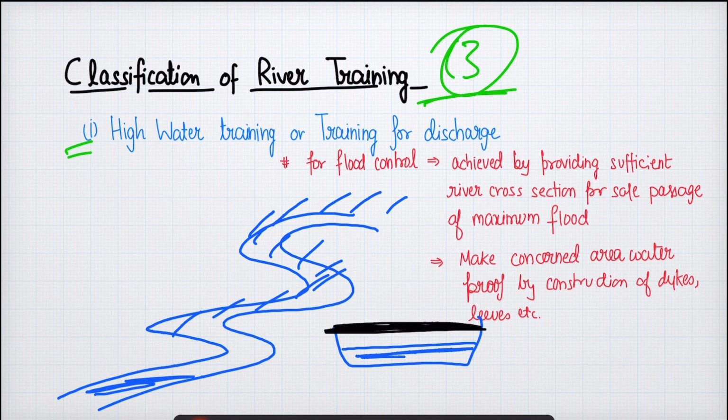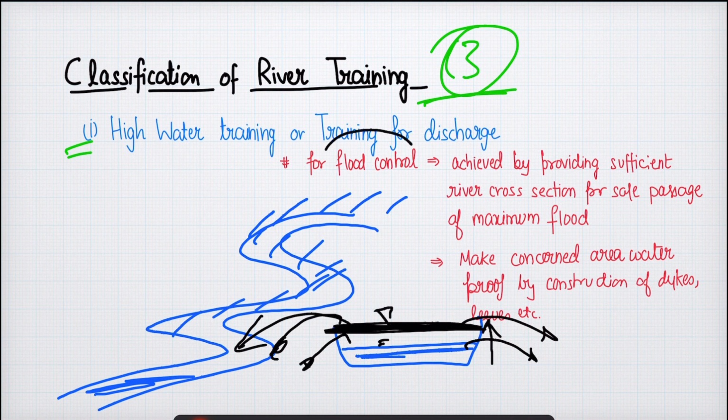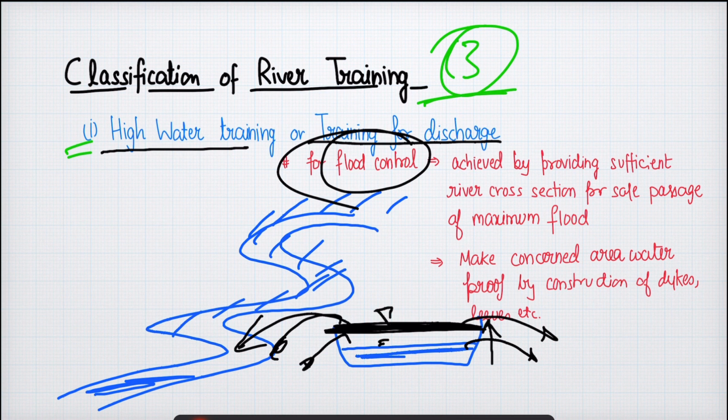Now, what we want is that, no matter how much the water increases, whatever the maximum flood level that can be achieved, we have the provision to discharge this excess quantity of water from that river, so that there is no problem from the flood. That is what high water training, or training for discharge, does.